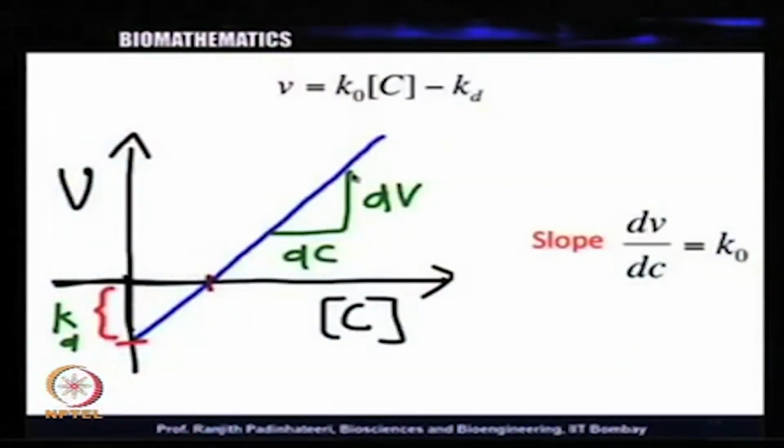You can do experiments at large concentrations in this positive part, extend this and extrapolate it, and then look at the value at which that hits the y axis. That is called the y intercept, and you will see that this value is minus Kd, the value at 0 concentration.